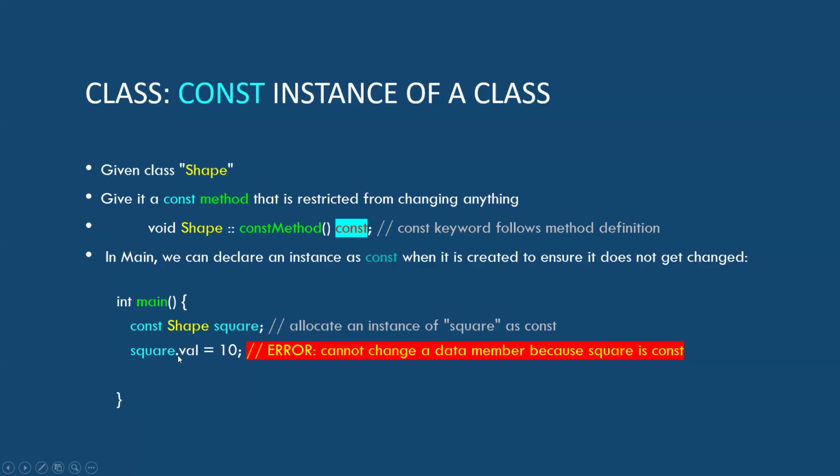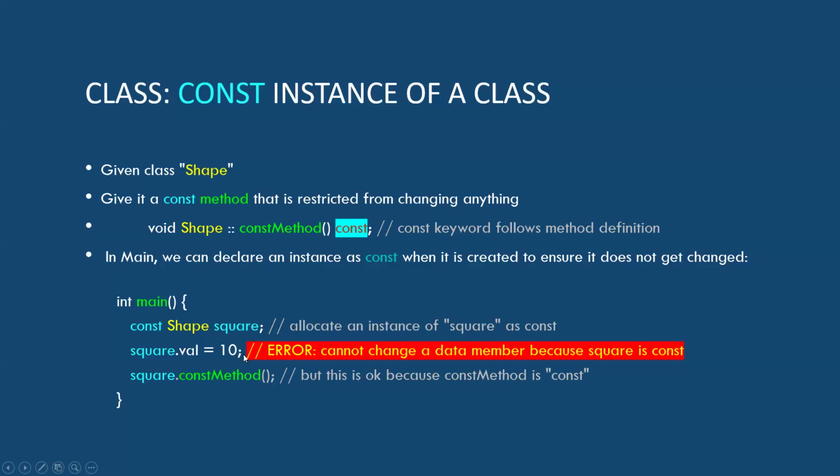If I try to change a public data member of the class, then it's going to give me an error because I'm not allowed to do anything to this square shape right there, okay? But I can call a constant method regardless of what it does. So I'm allowed to call constant methods on constant instances.